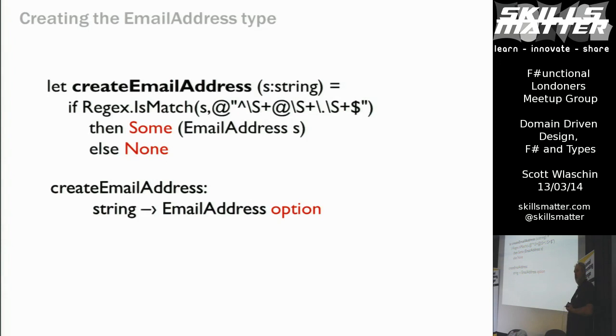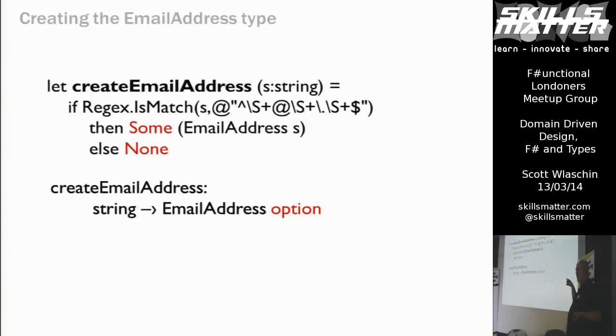I don't know how often you fall into this trap, but sometimes I validate things over and over because I'm not sure that the previous person actually validated it properly. But the nice thing about this is once it's an email address, I know it's valid. I don't ever have to validate it again. So I have a lot of confidence that if my UI layer has turned it into an email address, my database backend doesn't need to validate it before saving because it's guaranteed to be an email address.